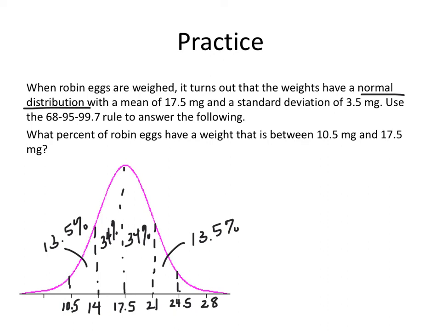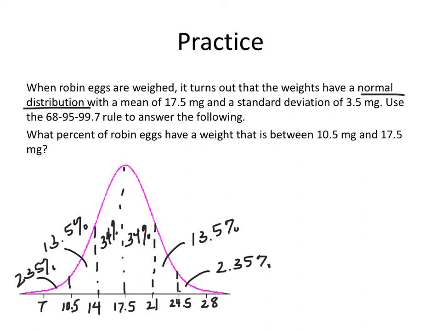We subtract 3.5 from 10.5 and we get 7 milligrams. So 2.35% of our data is in each one of those parts. Now, I think we can answer the question already without going out further, but we could go out one more time because we know we still have the 0.15% that's above and 0.15% that's below the standard deviation.